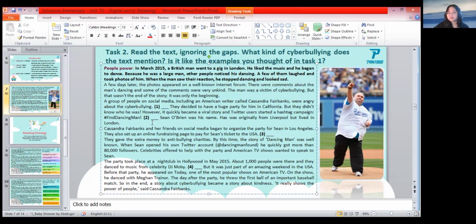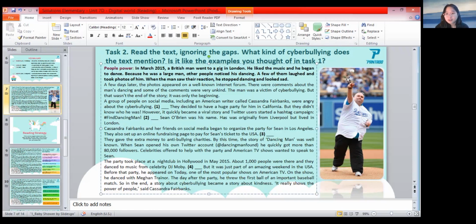A few of them laughed and took the photos of him. Yes, they laughed at that. Why did people laugh at him? Because he was a large man. Yes, because he was very big, so people took a photo of him and laughed at him.